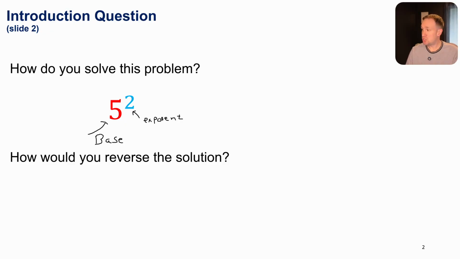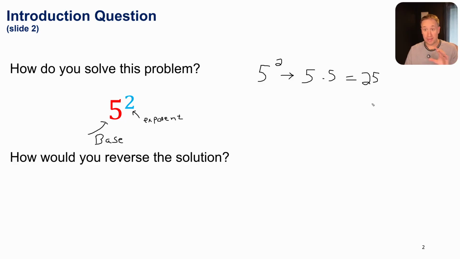So what this is showing is how many times to multiply the base number by itself. It's repeated multiplication. So 5 squared can actually be noted as 5 times 5, which is equal to 25.